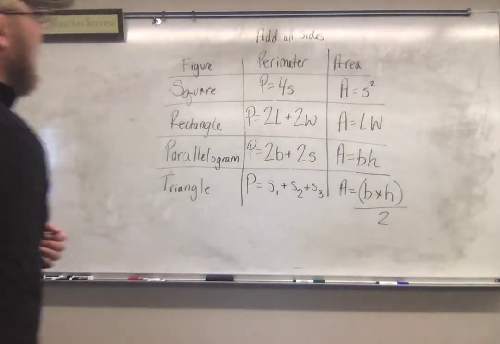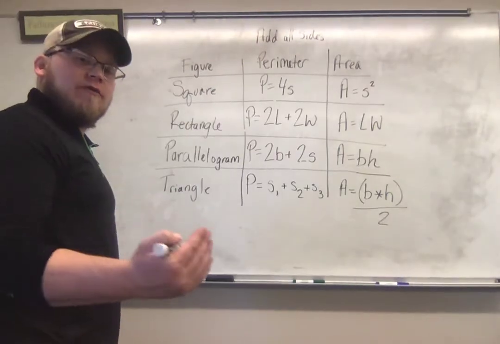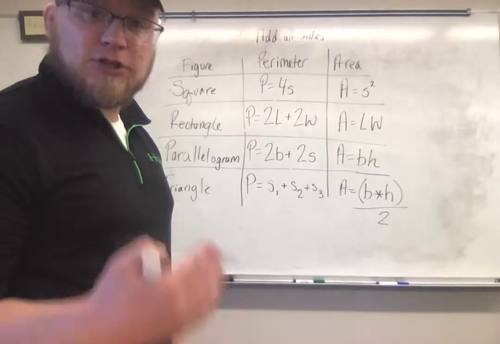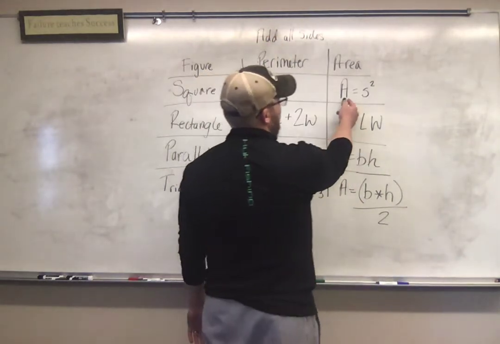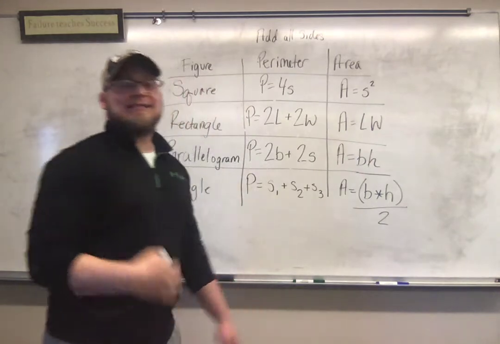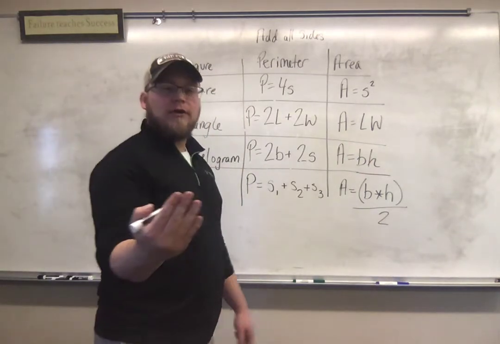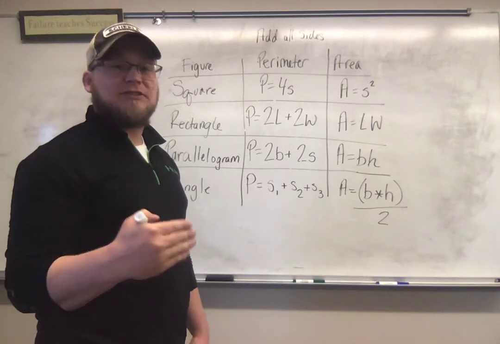And as you're all aware, each shape has a formula for the area, and it's always a different formula. For the square, you take the side length and times it by itself, S squared. That's what it's saying: area equals S squared. Remember, S stands for side.